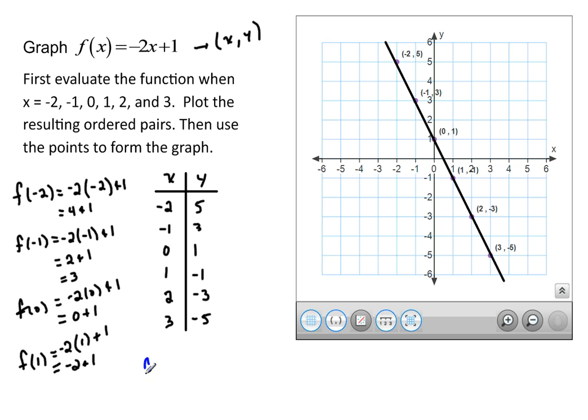Let's just try that. F of -1.5. Well, if we were to calculate that out, we would get -2 times -1.5 plus 1, which is -2 times -1.5 is +3 plus 1, which is to say 4.